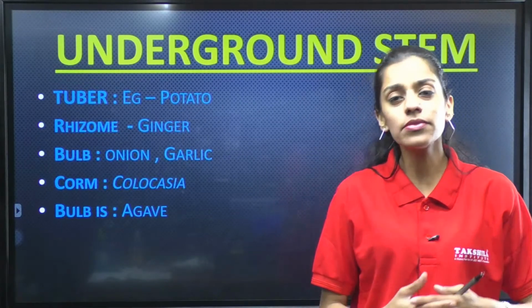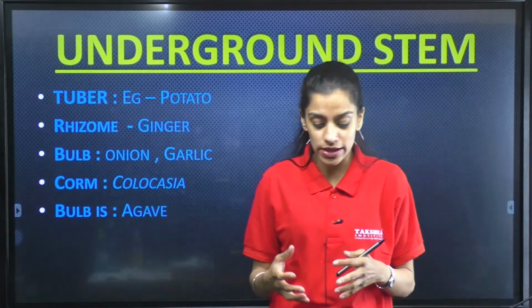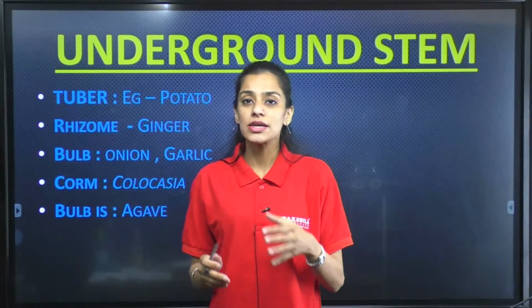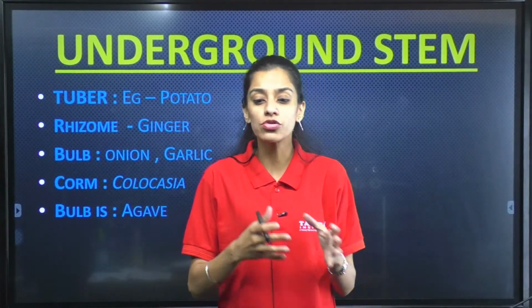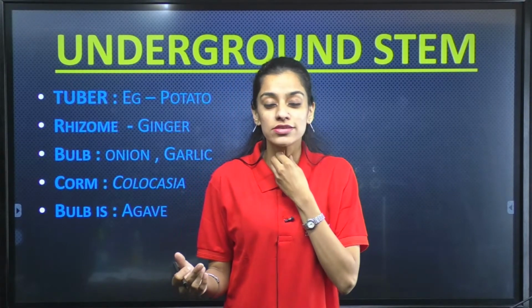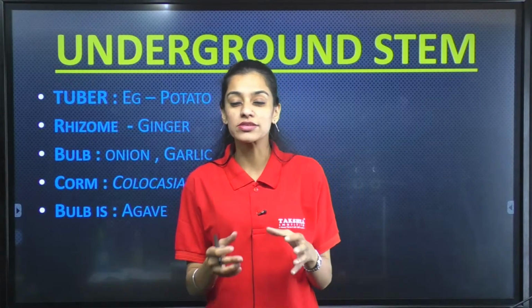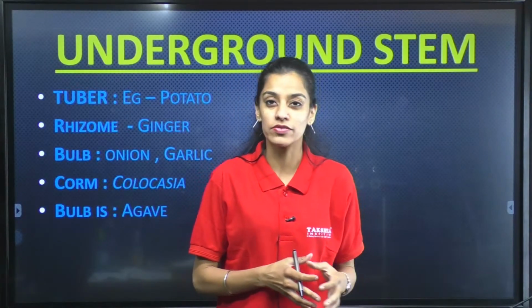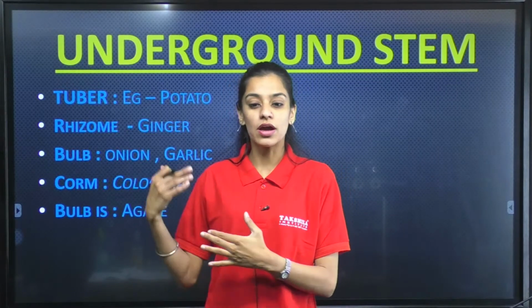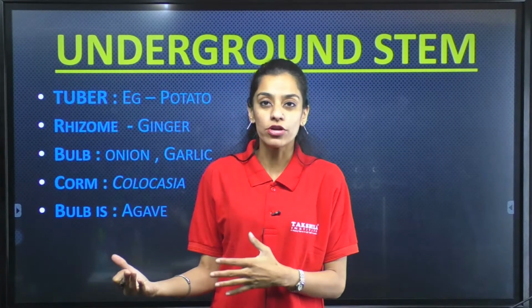Now stem can be in any forms, like stem जो है, stem could be underground, it could be subaerial, or it could be aerial. So before doing this chapter, I think you must be knowing something about the morphology from your 11th standard, so that you could make out how the things are going in the modified parts.